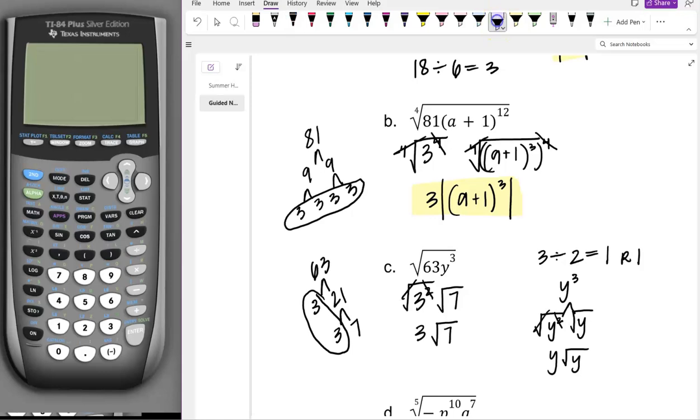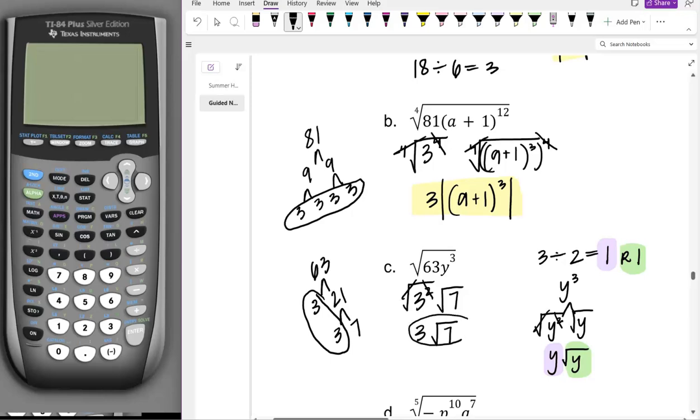Notice that 1 factor of y came out, and 1 factor of y remained under the root. Whatever the whole number part is, that's what gets to come out. That's the power of y's that get to come out of the root. Whatever the remainder is, that's the power of y's that have to stay under the root.